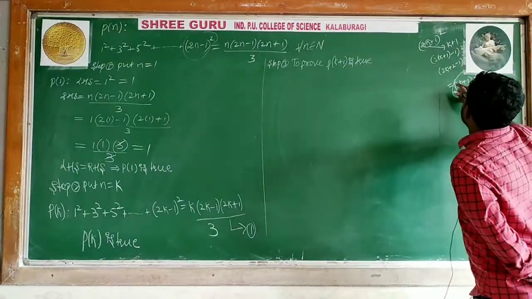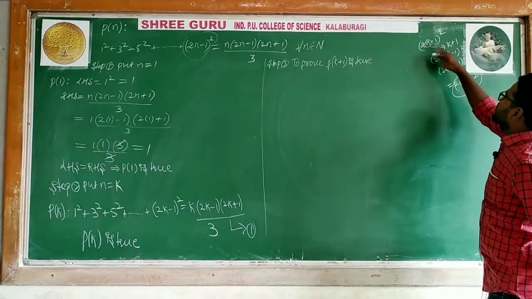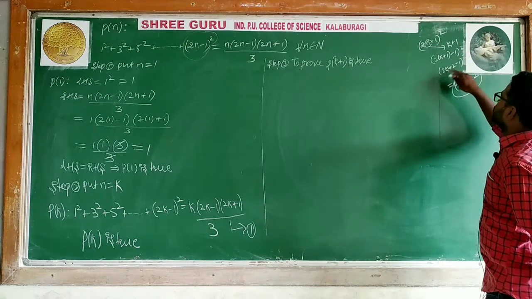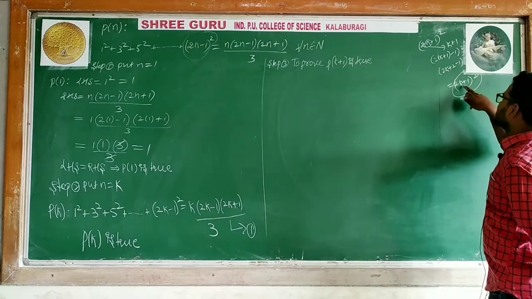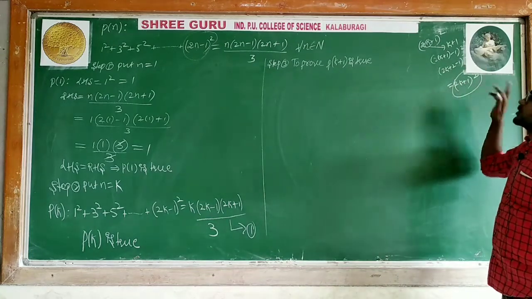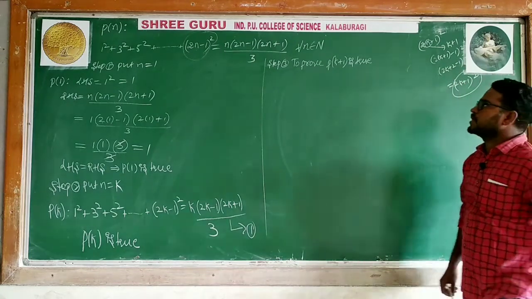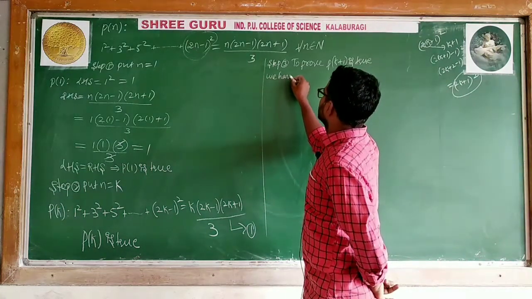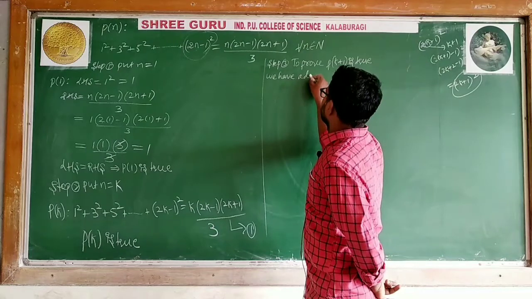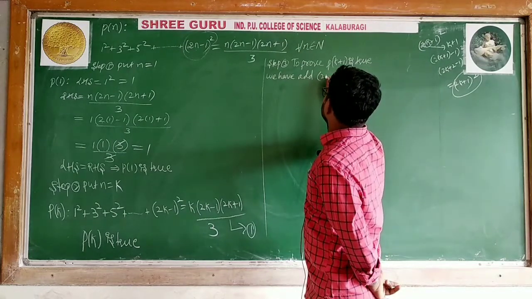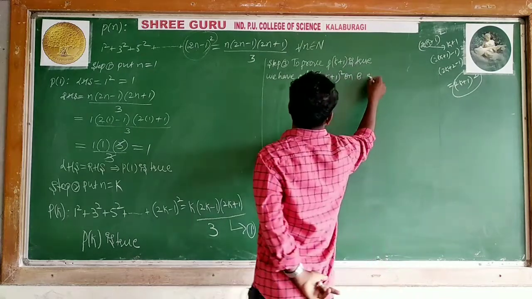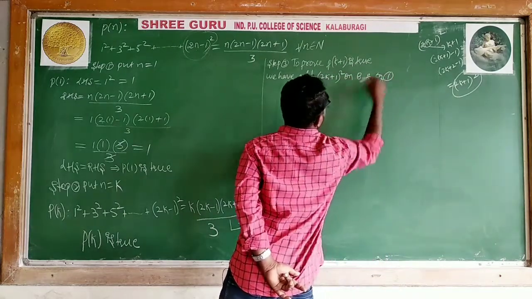See the thing, wherever n is there I substituted n as k plus 1: 2 into k is 2k, plus 2 into 1 is 2, 2 minus 1 is 1 remains. 2k plus 1 whole square has to be added. We have to prove it, so we have to add 2k plus 1 whole square on both sides of equation 1.